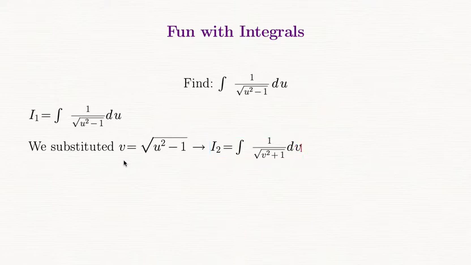And the point was, I wanted to integrate 1 over square root of u squared minus 1, and instead we landed up with something which had the same form, the minus 1 getting replaced by a plus 1. Whether it's u or v does not make much of a difference. The minus 1 became a plus 1, and that was a bad point. The only good point that came out of that was, if I know how to integrate this, then I also know how to find I2. So I2 and I1 are connected. If I know one of them, I know the other.